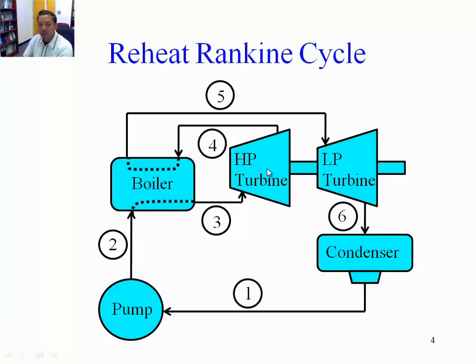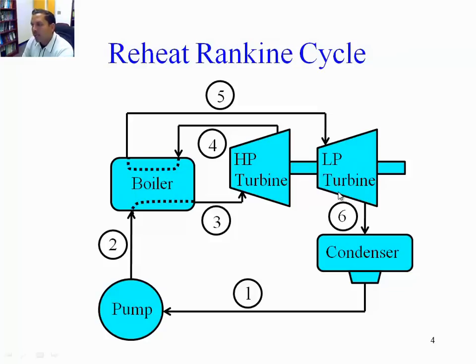So we'll essentially be creating more power, but at the same time we'll be investing more fuel, because we'll be passing the steam twice through the boiler. So the Q_in, the cost of the cycle, the denominator of the efficiency, will be higher. The numerator will be higher too, but the hope is that the increase in the numerator will be larger in proportion than the increase in the denominator, so that this modification yields a slightly higher efficiency than what we have found before.